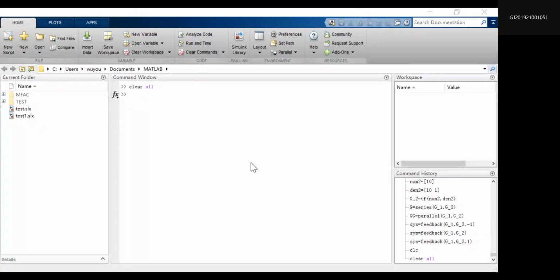First, you should draw the block diagram into the blank. Then how to? Let's see here. Here's a button showing library browser. And you click, and it shows all the elements and all the transfer functions maybe you need here.